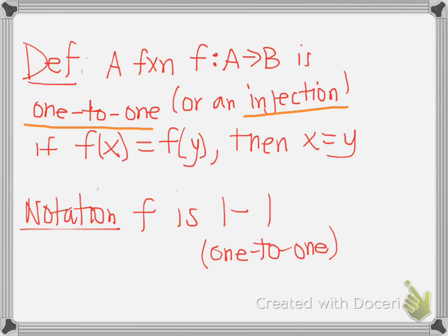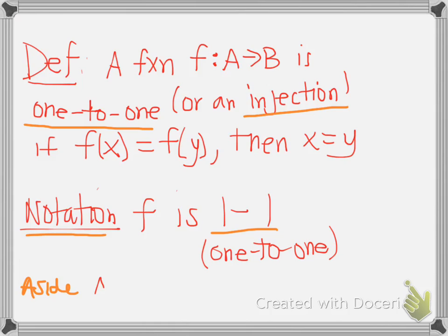This means if f of x equals f of y, then x equals y. And for notation's sake, we usually use 1-1 to represent one-to-one. Okay. And if you think about what one-to-one is saying, is that a number has to go. So remember, in terms of, this is sort of an aside.